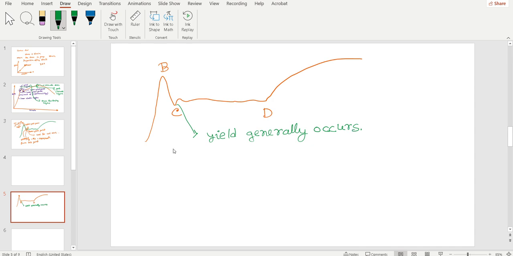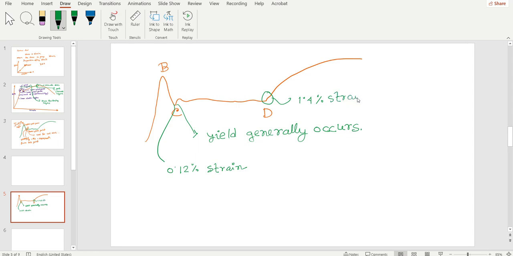That means no additional force is applied to increase the strain; the strain increases automatically. At point C the strain is 0.12%, and at point D it is 1.4%.